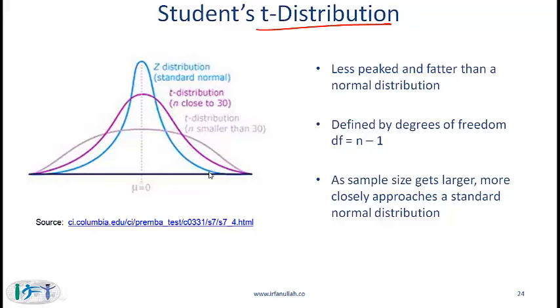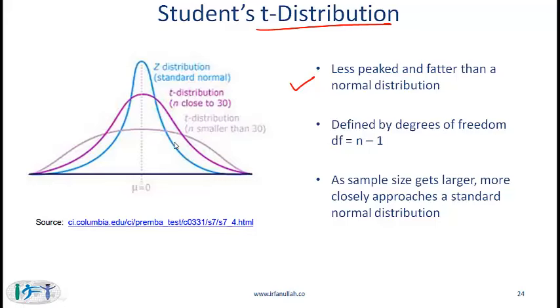But as we just said, if the variance is not known, then you should use the t distribution, and the light purple and dark purple show examples of the t distribution. Notice that the t distribution is less peaked and fatter than the normal distribution. So the t is basically short and fat relative to the z distribution.